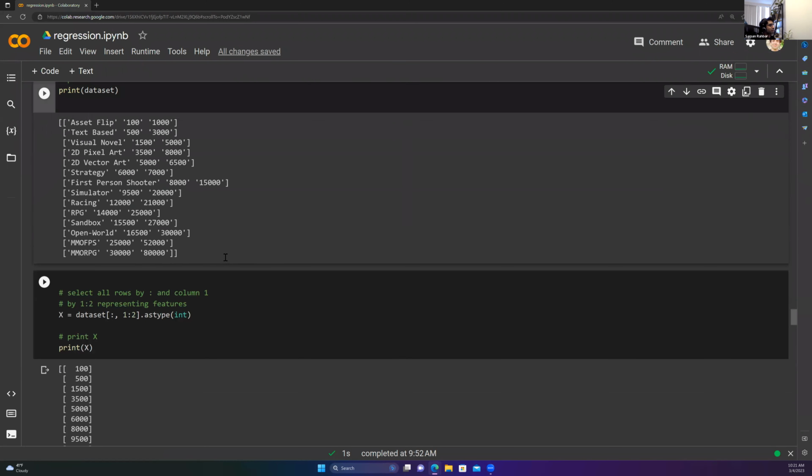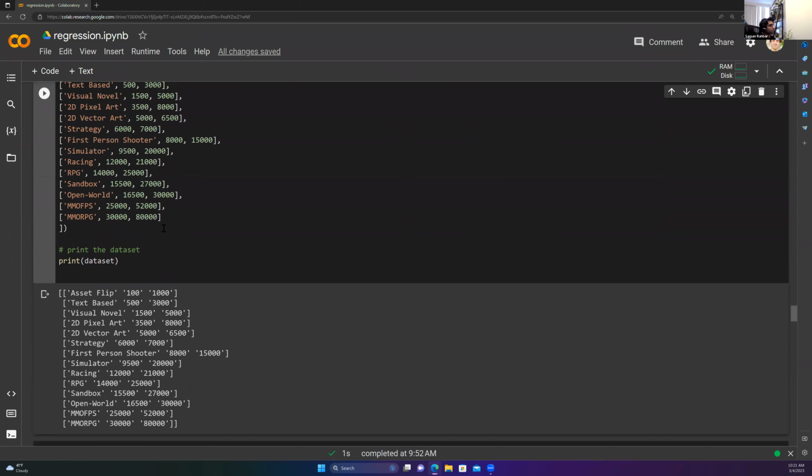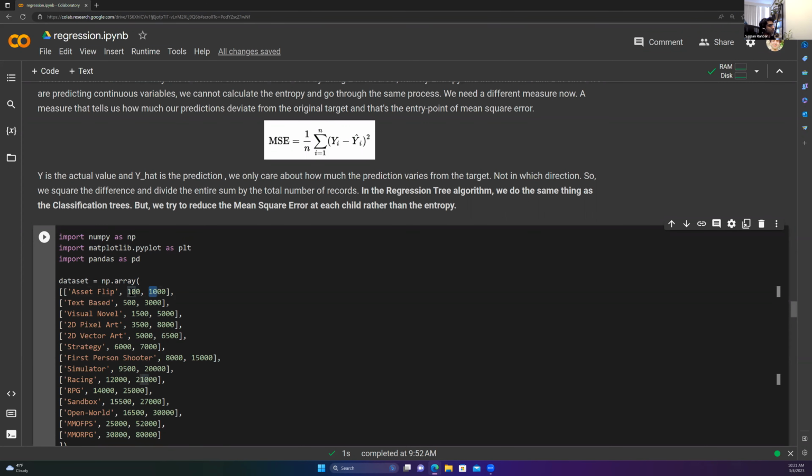So this is your independent variable, and this is your dependent variable. This is the label or the target that you want to predict, and this is the feature that you want to use for it. Does that make sense? So our goal is to predict this and use these features.